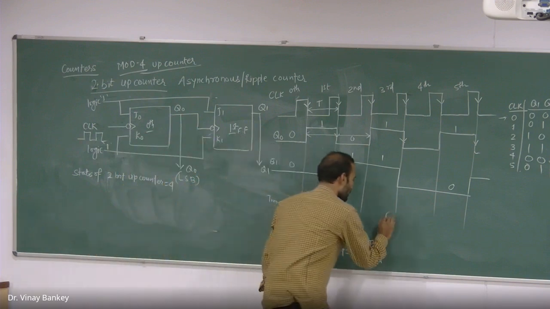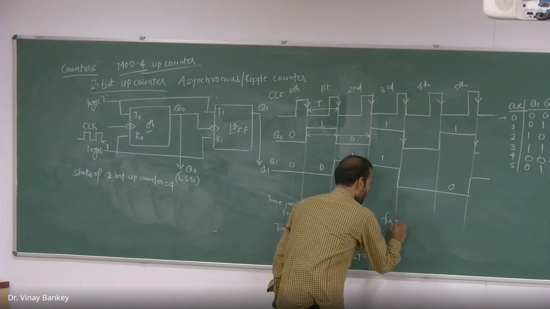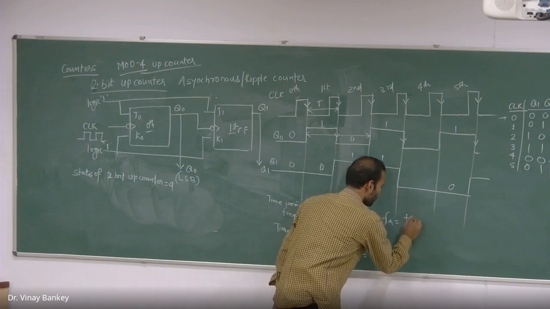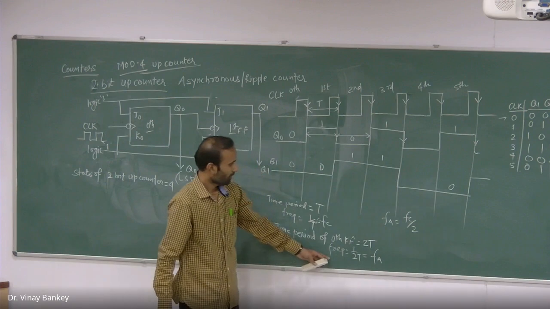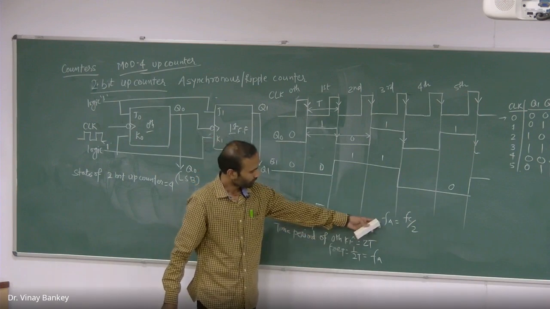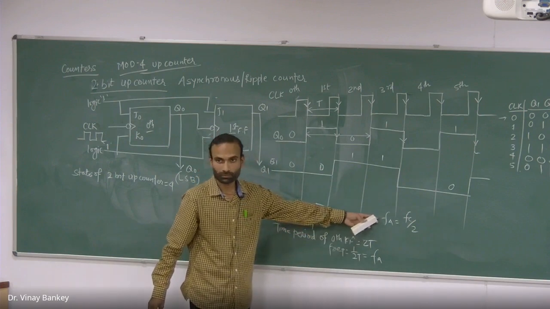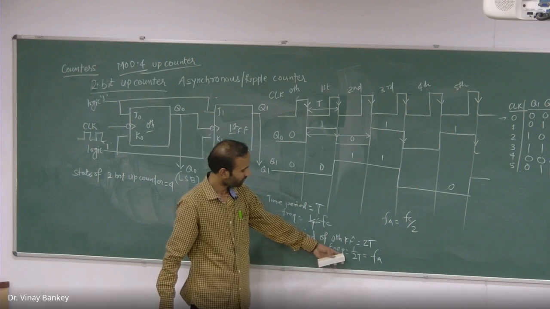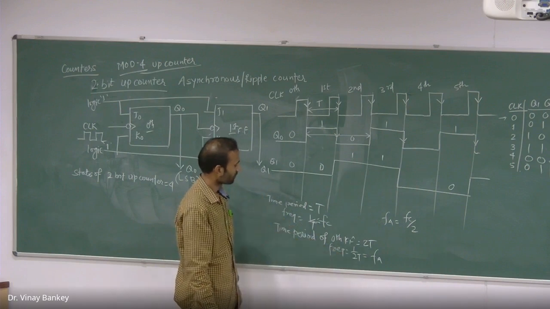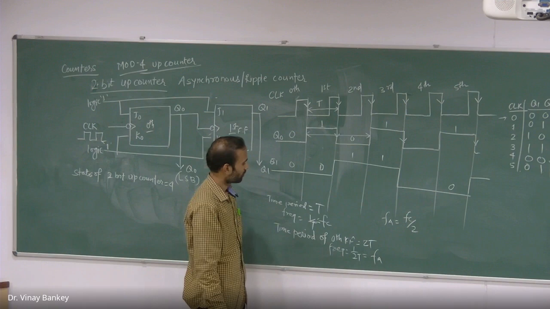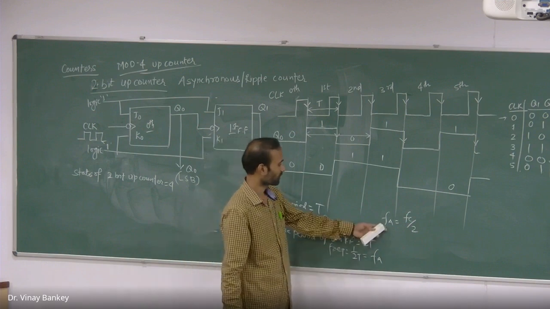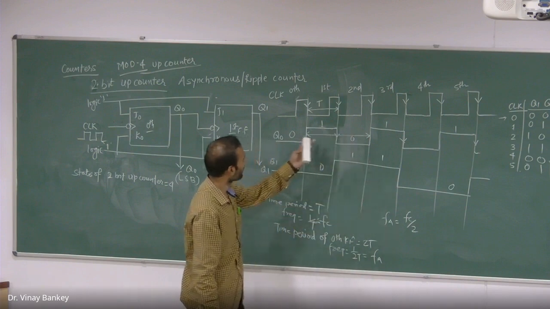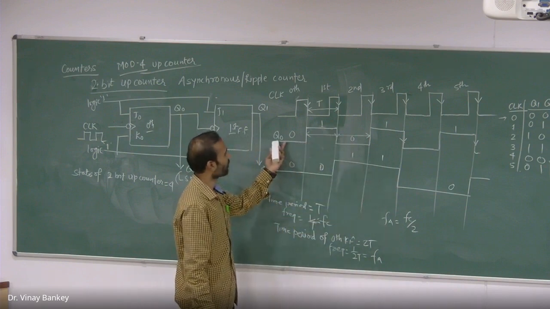So fa will be fc by 2. See this, is it true? Is it correct or not? Yes, this is correct. So we have divided the frequency at the output of this first flip-flop.